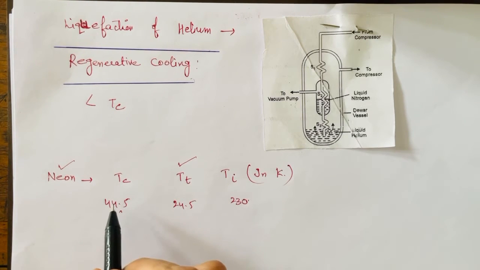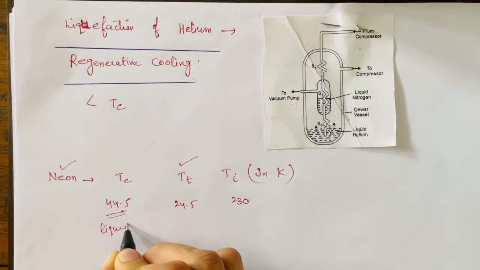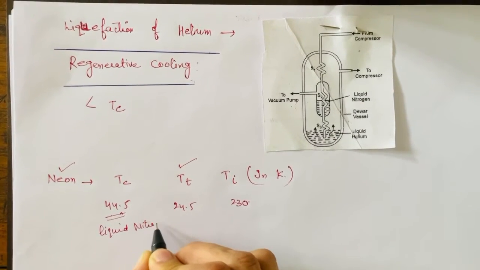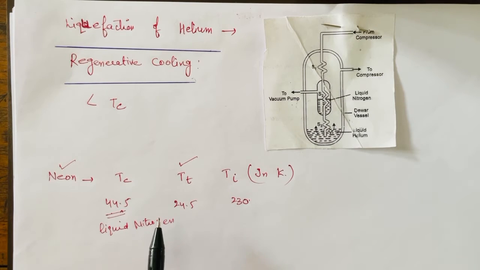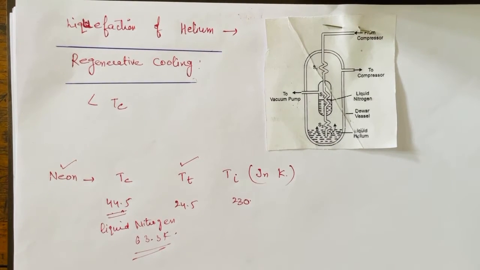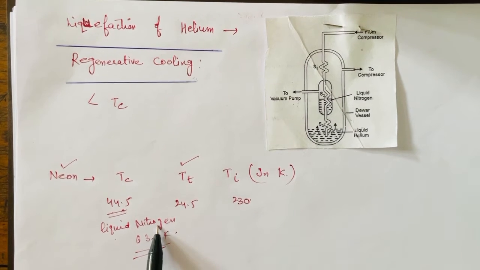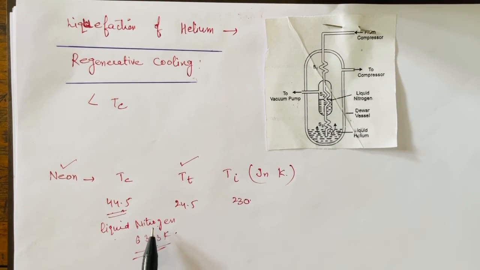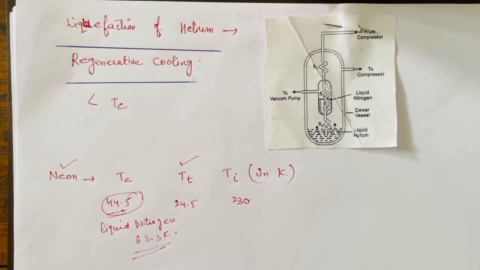If we use liquid nitrogen for cooling the neon, we can go to a temperature of just 63.3 Kelvin. This temperature is still higher than the critical temperature, 44.5 Kelvin.